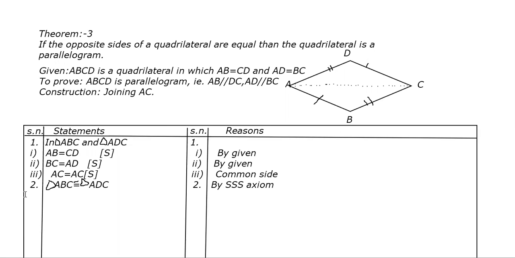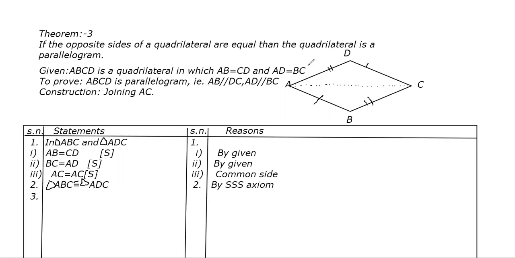Now, after proving congruent, we have to prove that it is a parallelogram. For that, we will take alternate angles. We can take alternate angles like this angle BAC and angle DCA are equal.